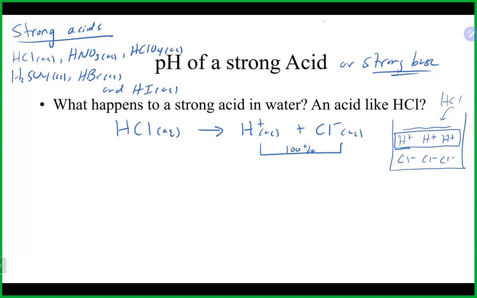By the way, since we are going to talk about bases as well, strong bases are usually found in group 1 and 2 on the periodic table, those that have hydroxide in them, like sodium hydroxide, potassium hydroxide. These are some strong bases.